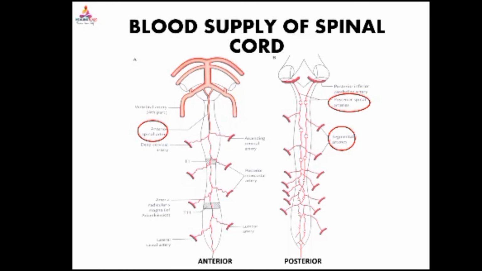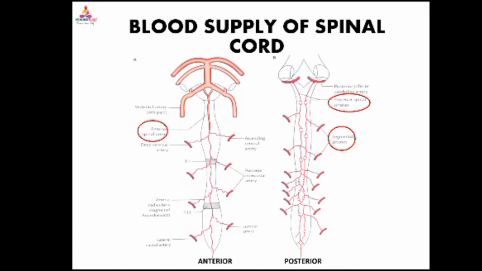Each posterior spinal artery runs down on the posterolateral aspect of the spinal cord in the posterolateral sulcus along the line of attachment of the posterior nerve root, and usually divides into two collateral arteries along the medial and lateral sides of the posterior nerve roots. Thus, there are five longitudinal arteries along the spinal cord.